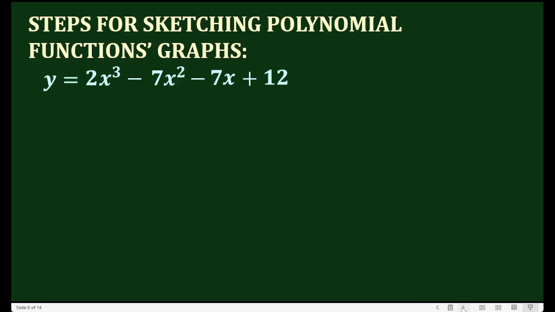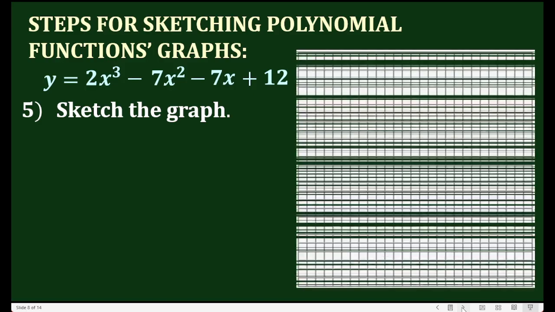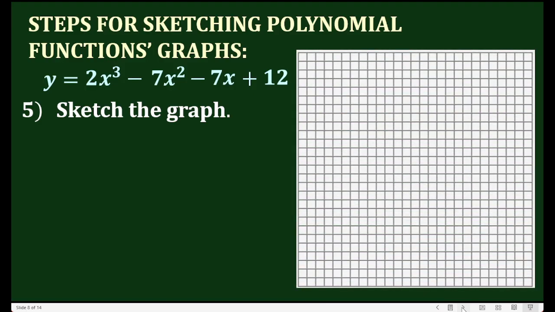And at this point, the last step is to trace the graph or sketch the graph. So we prepare the graphing paper and the two coordinate axes x and y. And we have the point of origin, and then we label some x and y coordinates in the Cartesian plane.